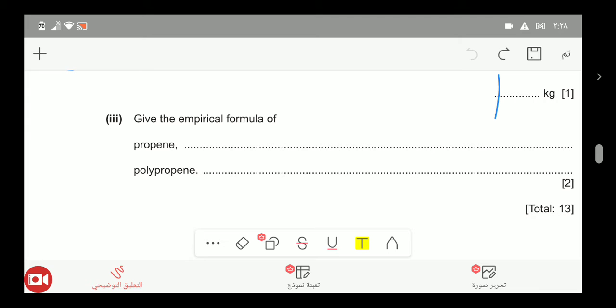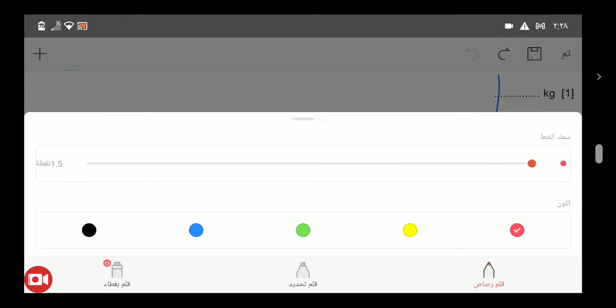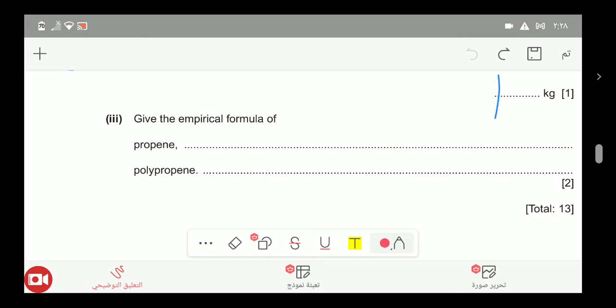Give the empirical formula of propene. Propene has the formula C3H6. Empirical formula means the smallest number ratio between atoms.